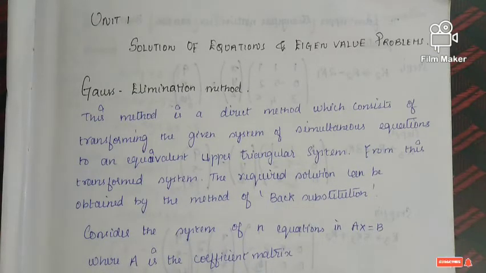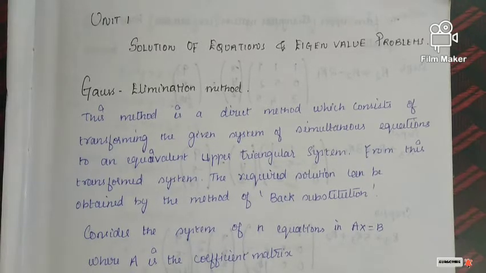Using row operations we can get the solution by back substitution. So using row operations we are trying to make the upper triangular matrix. With that we can do the back substitution to get the solution of the given system of equations. This is the procedure under Gauss elimination method.